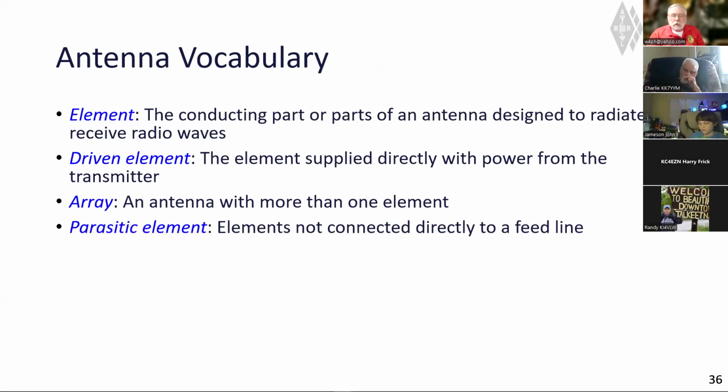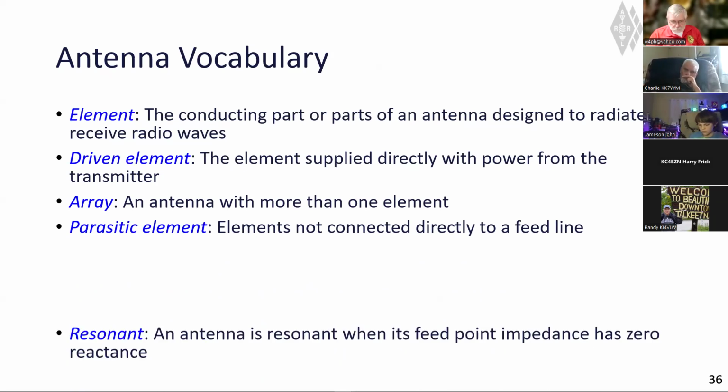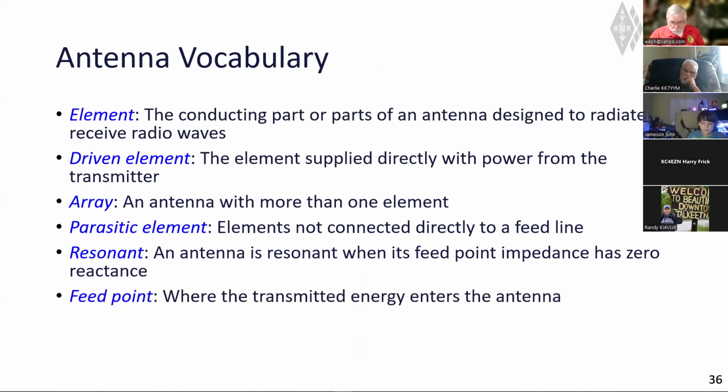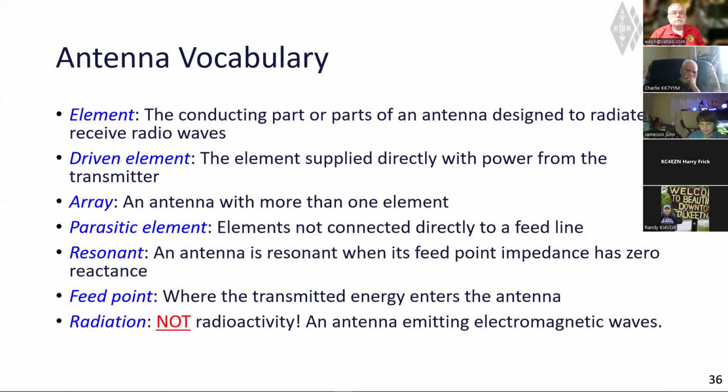Parasitic element, elements not connected directly to a feed line. Resonant, an antenna is resonant when the feed point impedance has zero reactance. Feed point, where the transmitted energy enters the antenna. Radiation, not radioactivity, an antenna emitting electromagnetic waves.